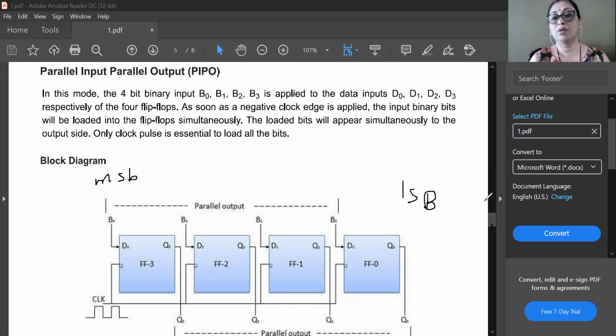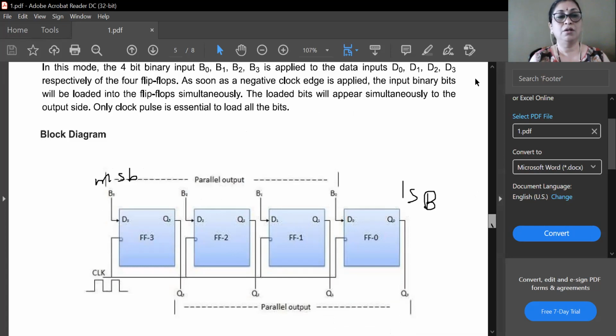Okay, so now you can see this, what you can observe, just 4 flip-flops are used. Inputs are applied separately to each D flip-flop and output is taken out separately for each flip-flop.